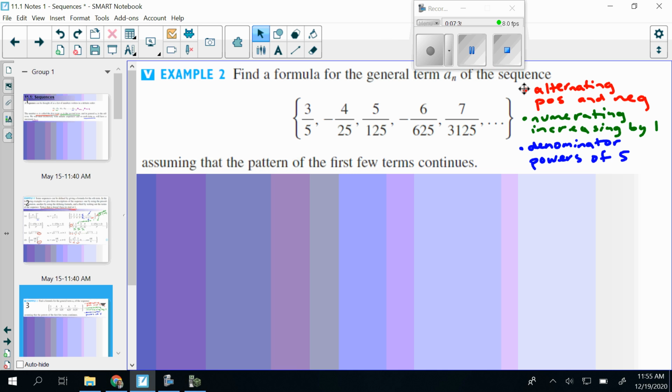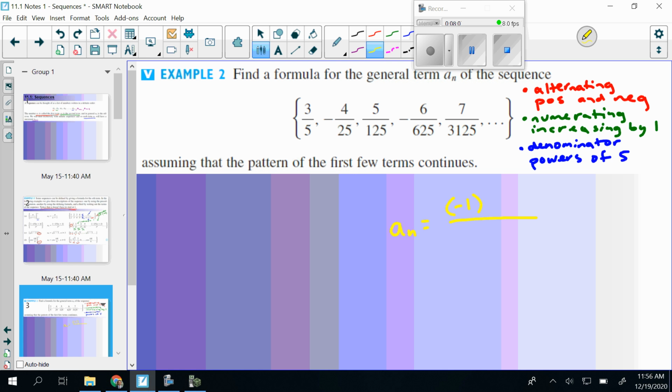So let's see if we can write out what that nth term is going to be. So our a sub nth term. Remember how we talked about before, if we want it to alternate between positive and negative, we're going to want a negative 1 to some power. And if we want the first one to come out to be positive, we've got to make sure that whatever we put in for that first one is going to work.